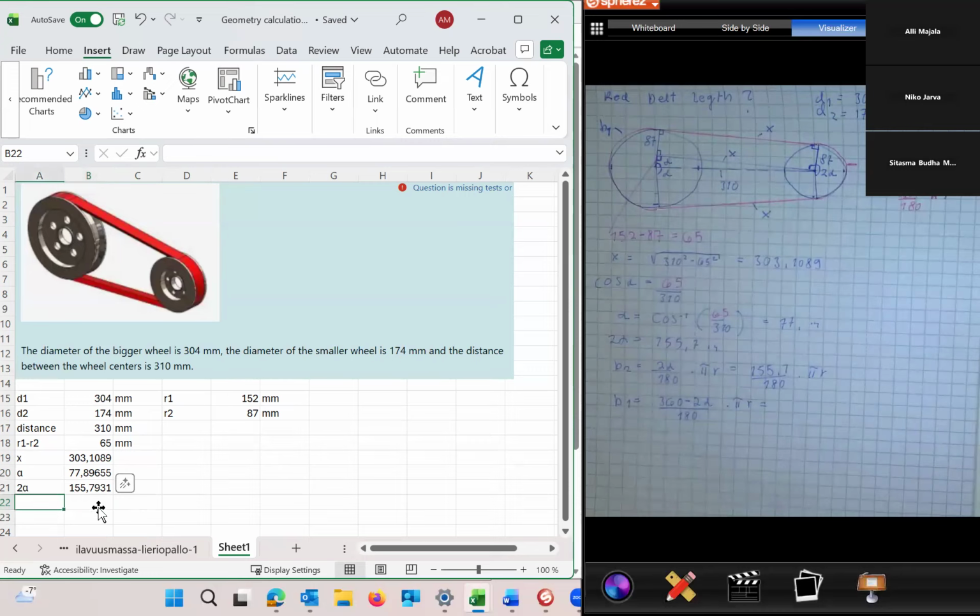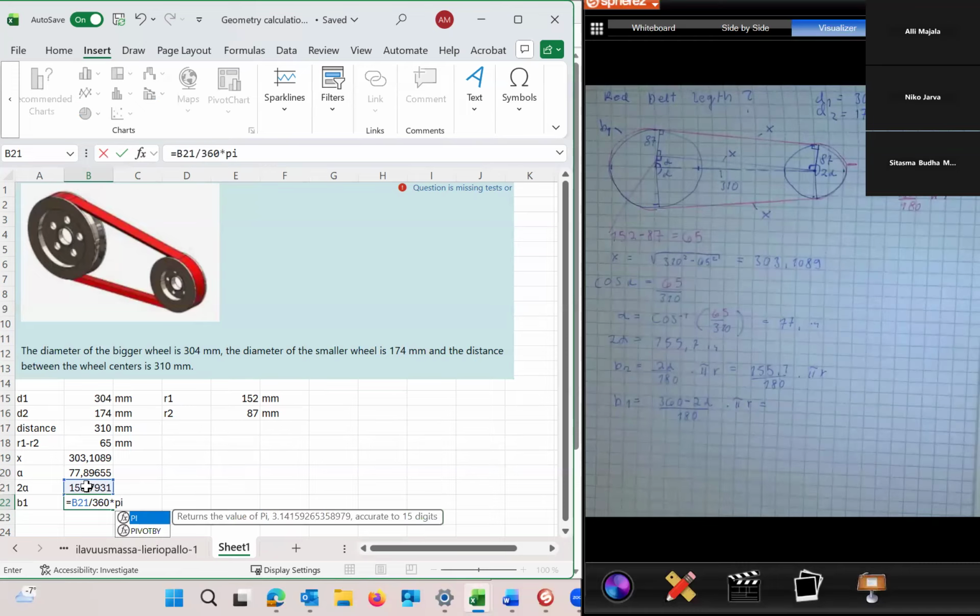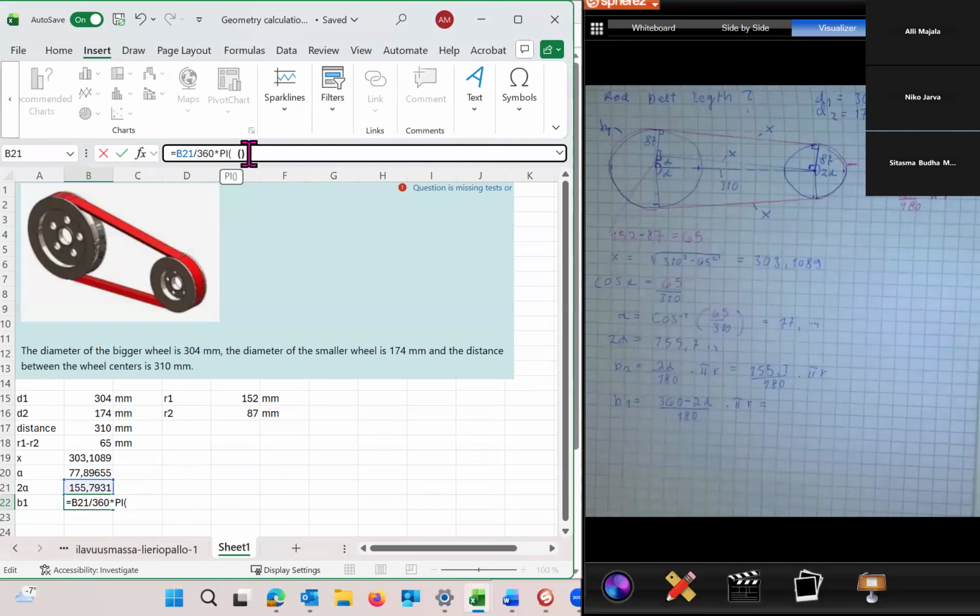So I put here the B1 is this divided by 360 times B, times this.